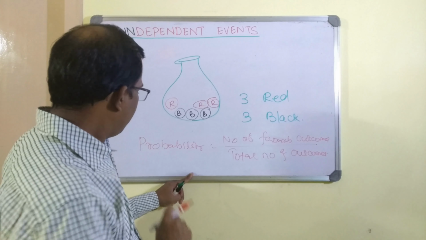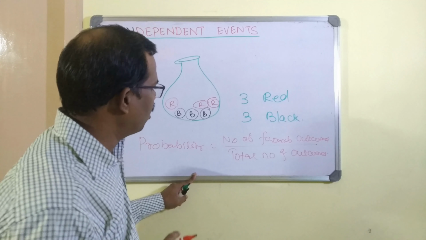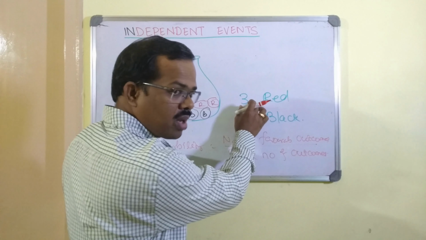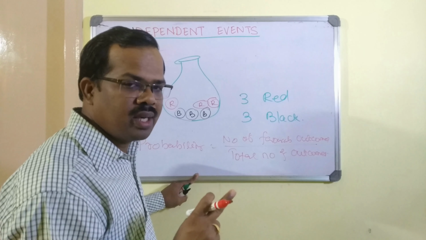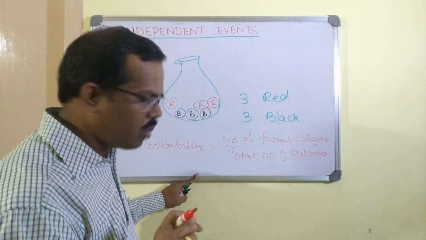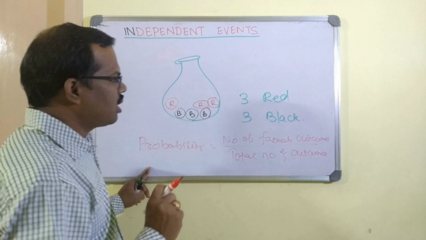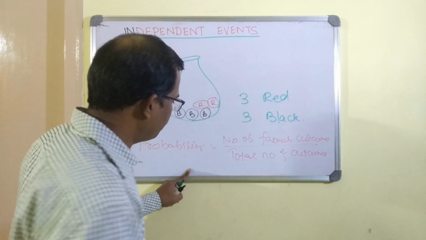Okay. Now, what will be the probability that it will become a red ball? The number of favorable outcomes will be 3, because there are 3 red balls. Any of these 3 red balls if I get, then that will become my favorable outcome, because what I am going to consider is the probability that I will pick a red ball, right?